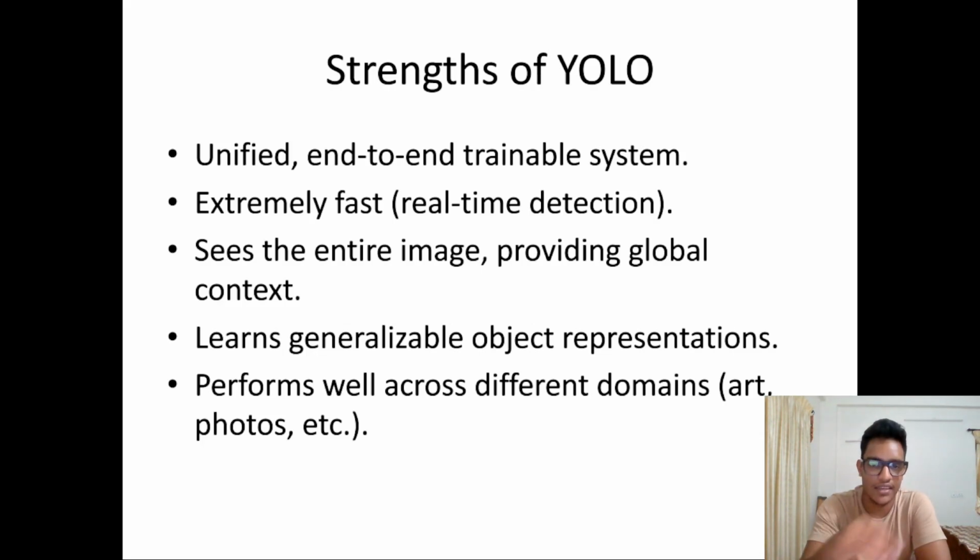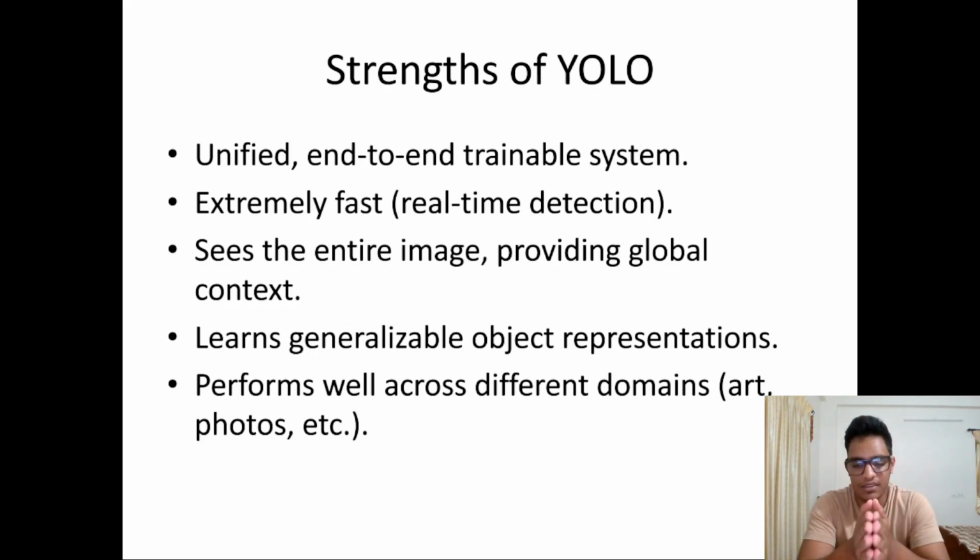It is end-to-end trainable: you just feed an image and you get the output within that single step itself. It is extremely fast when compared to previous models, and it's very useful for real-time detection.